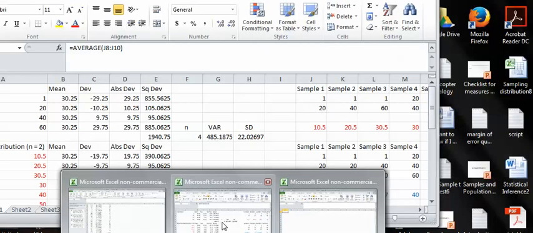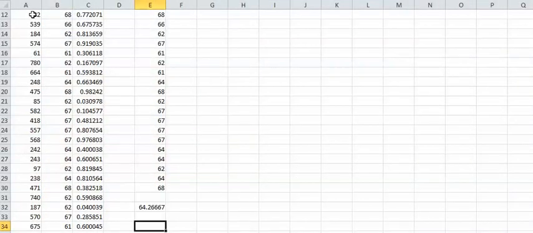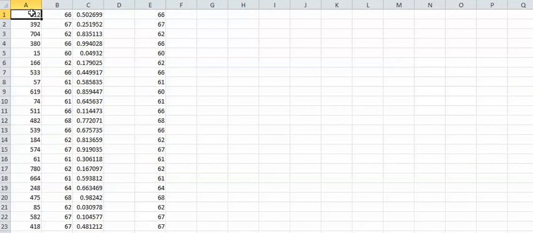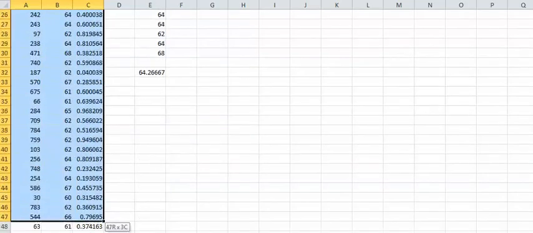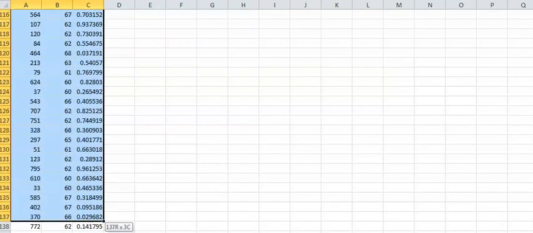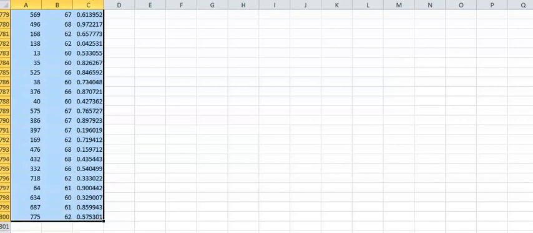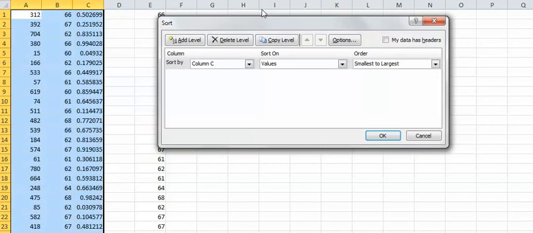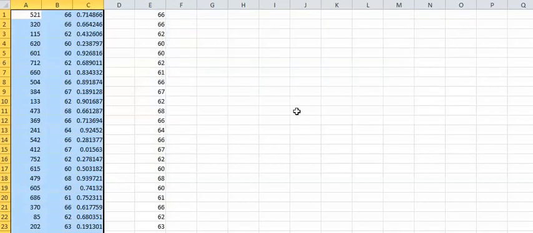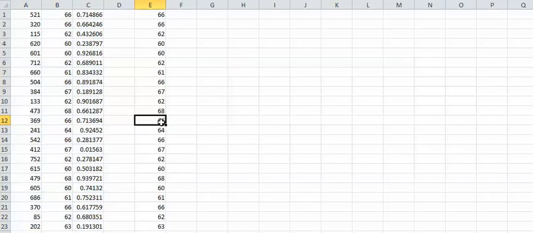Now if I wanted a different random sample, I could just reshuffle over again. Just have to go all the way down to 800 and then sort by column C. Now this will be another random sample.